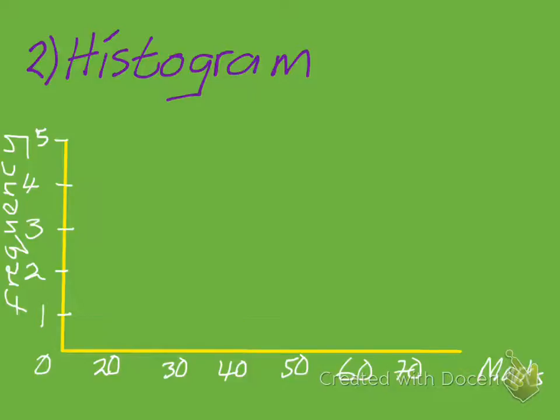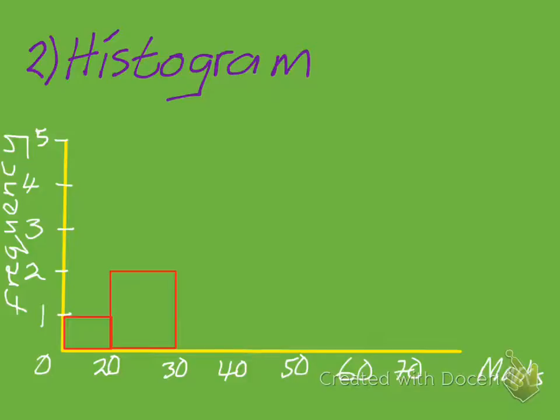So the frequency of marks between 0 to 20 is 1, as shown here. The amount of times marks occur between 0 to 20 is 1. From 20 to 30 is 2: the amount of people with marks from 20 to 30 is 2 people.